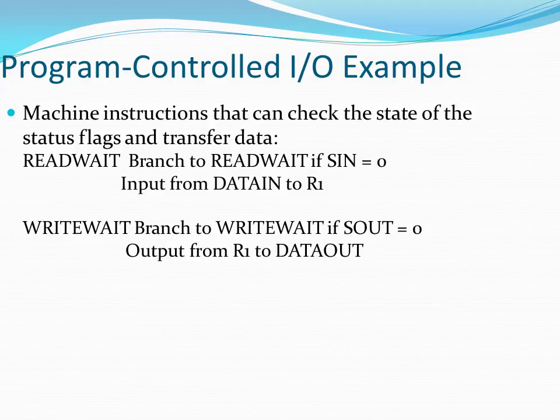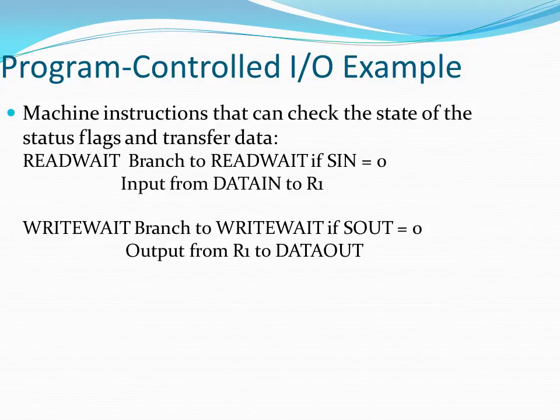Here DATAIN is the input buffer register, and R1 is the processor register. Whenever SIN is equal to 0, there is no information in the buffer register, so we have to wait. Otherwise, whenever SIN is equal to 1, we can transfer the data into the R1 register. So this is the read operation.